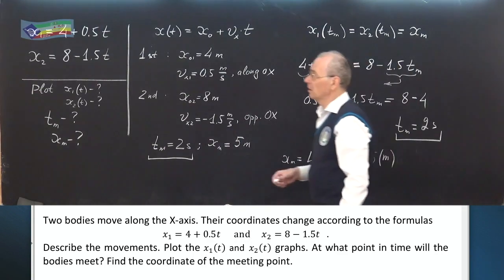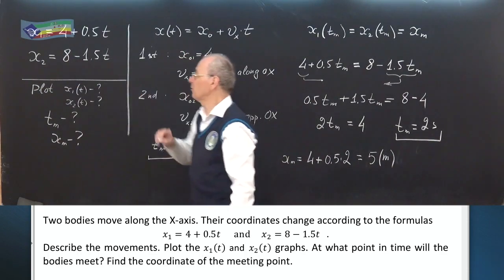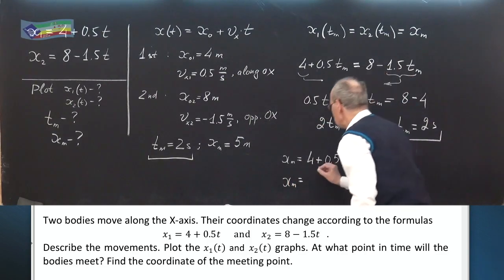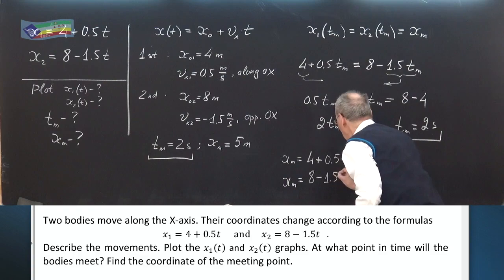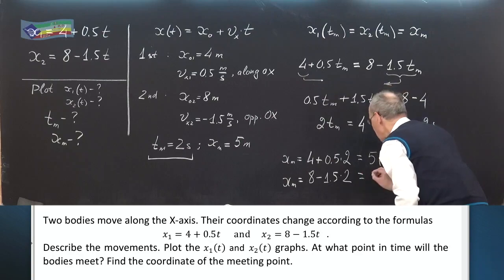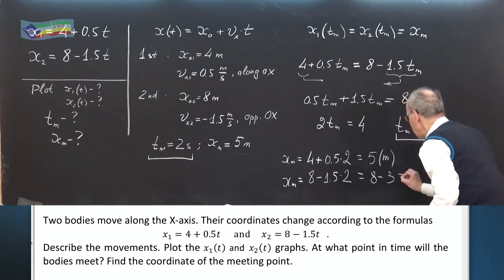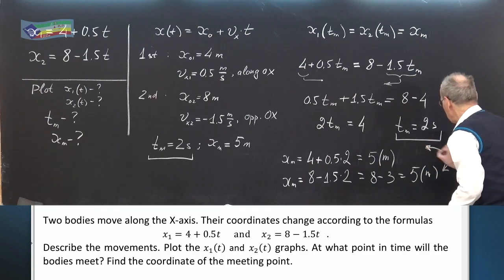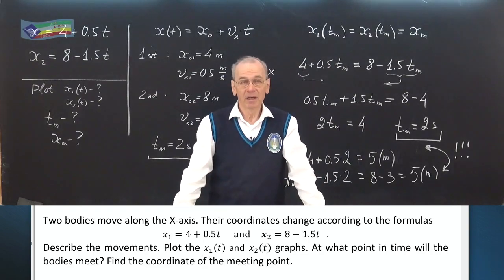And to check ourselves, let's repeat the substitution, but in the second formula. xm equals 8 minus 1.5 times 2 gives 8 minus 3, which gives the same 5 meters. Correspond. So the problem is solved.